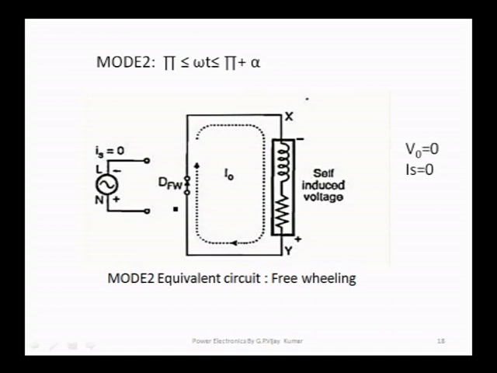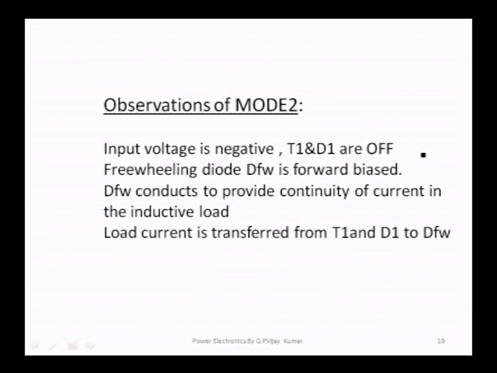Actually, during this duration, your source is not connected to the load. So, your freewheeling diode gets forward biased, and the current through the load, that is I naught, is continued. Here V naught is equal to 0, Is is equal to 0. What are the observations? Input voltage is negative during that duration.